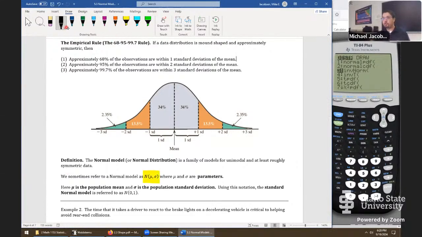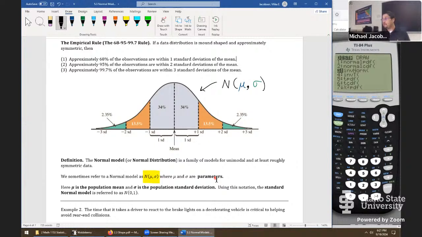Sometimes, instead of saying the normal distribution with mean whatever that is and standard deviation whatever that is, we say N(mu, sigma). This is just shorthand to say we're referring to the normal model where mu and sigma are a new word, parameters. I might have slipped that word in here or there, but we're now finally formally defining it.